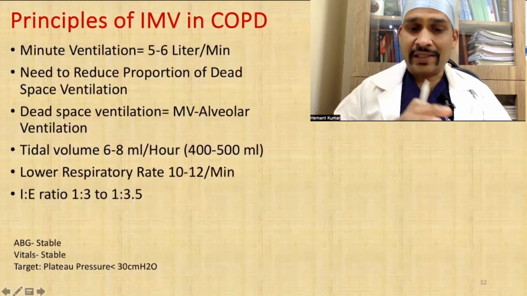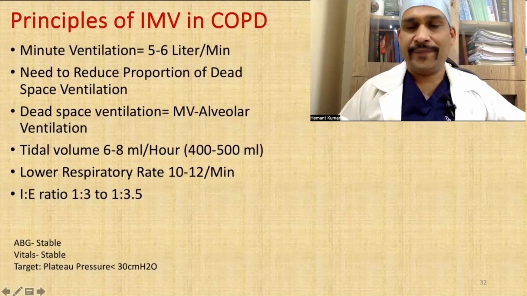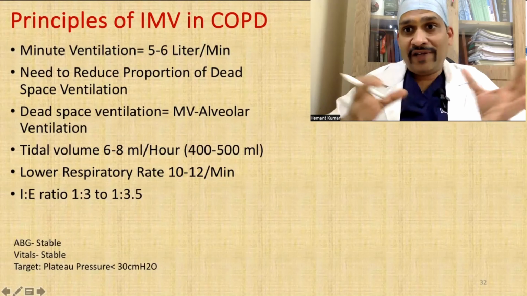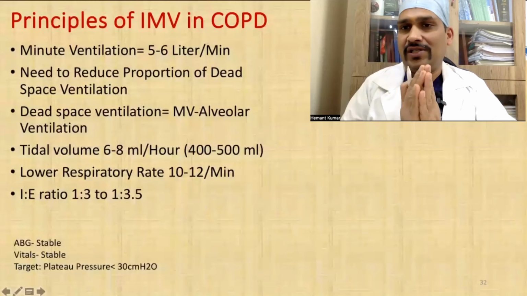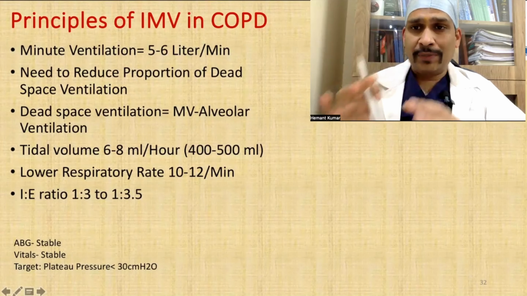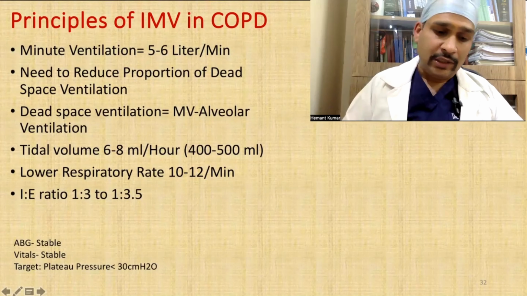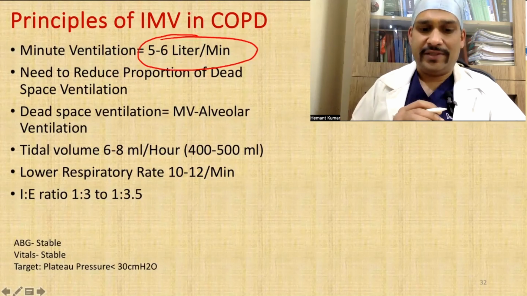So there are certain principles of invasive mechanical ventilation in COPD. If you remember, COPD is a condition where there is hyperinflation of alveoli and airway bronchoconstriction. As in a normal person, for removal of carbon dioxide, we need to keep minute ventilation over 5 to 6 liters per minute.